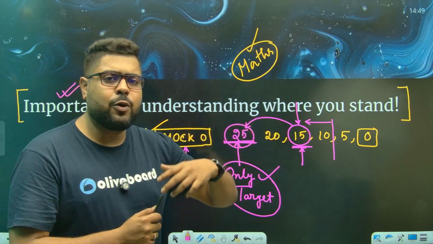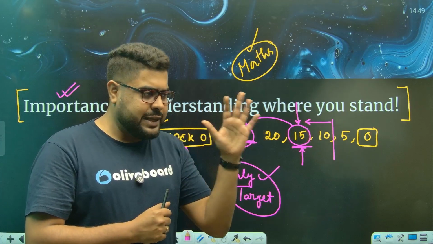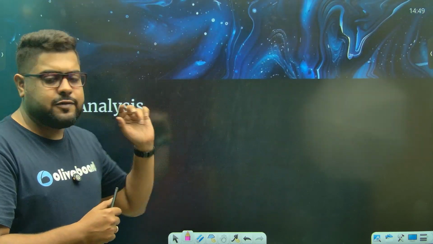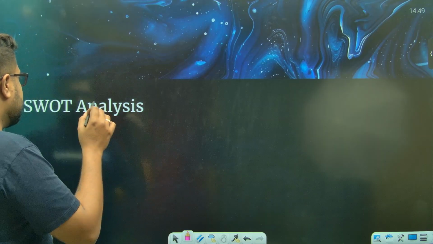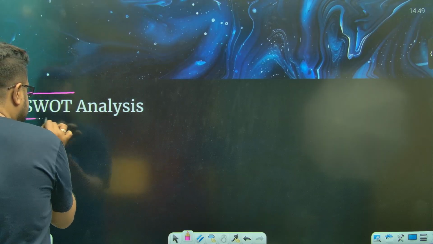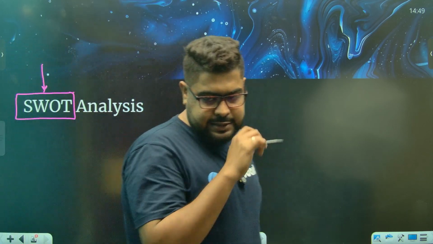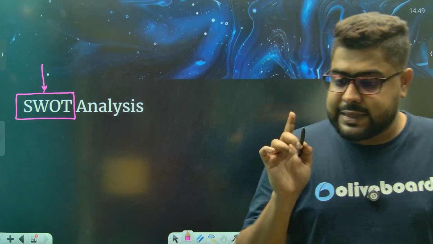So for that, how to identify? Please understand how to get rid of that fear. For that, I will always say this: do a proper SWOT analysis before you even begin your preparation for 2026. This is very important.